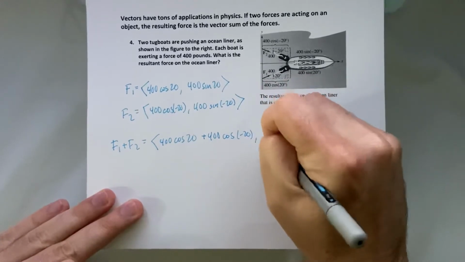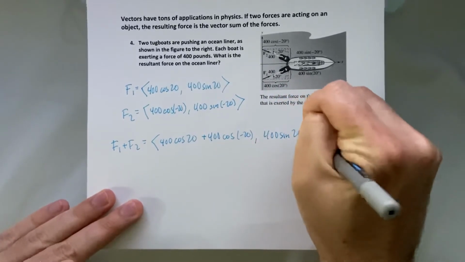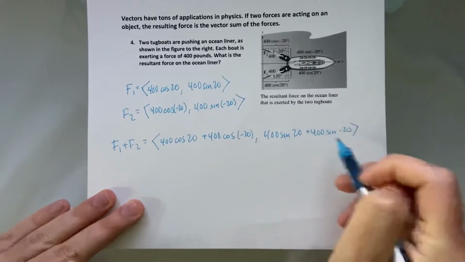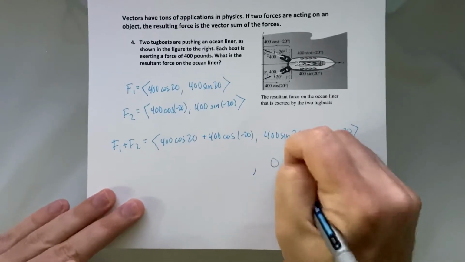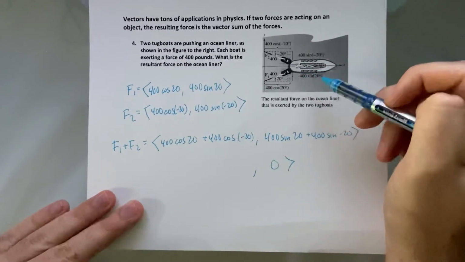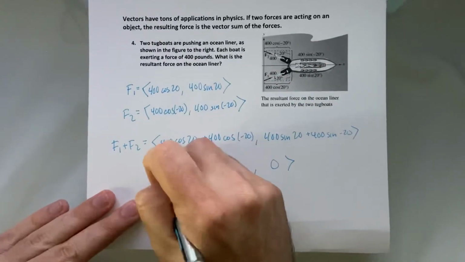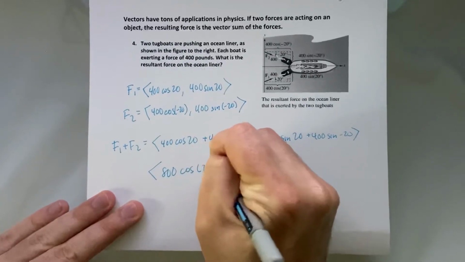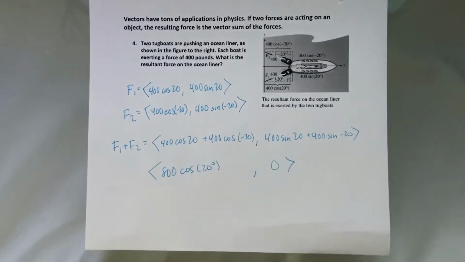And then here we've got 400 sine of 20 plus 400 sine of -20. Odd, so this is 0, which is evidenced by the boat moving straight to the right. And since cosine is even, this just becomes 800 times the cosine of 20, and you can put that in a calculator to see exactly how much that is. But that is an application of vectors relative to physics.